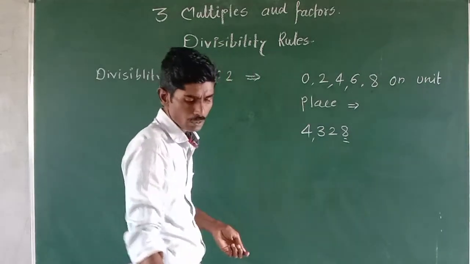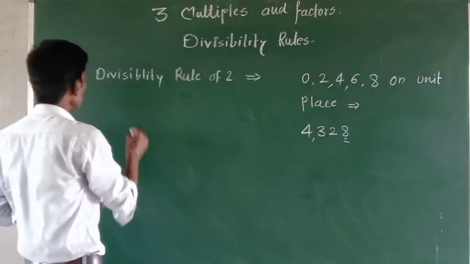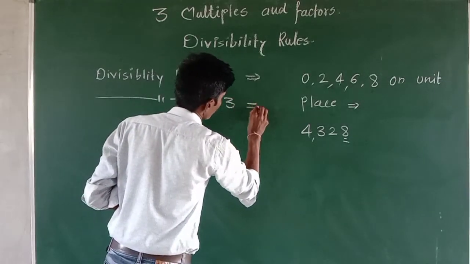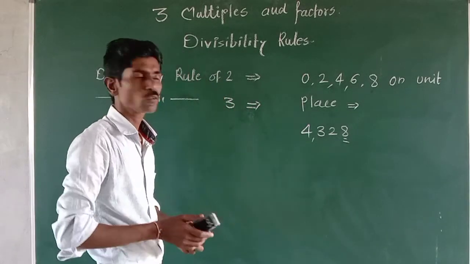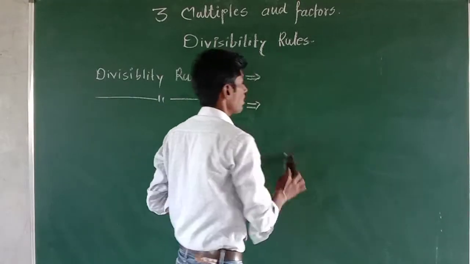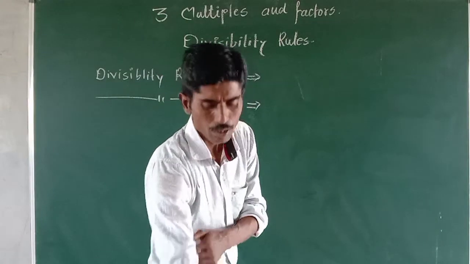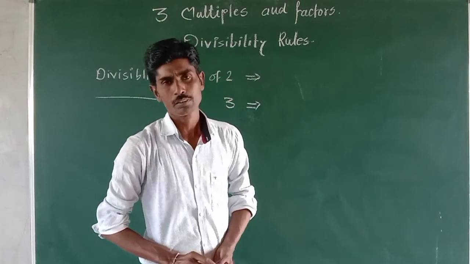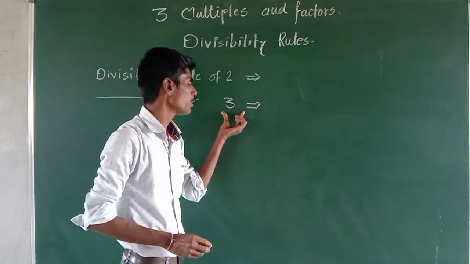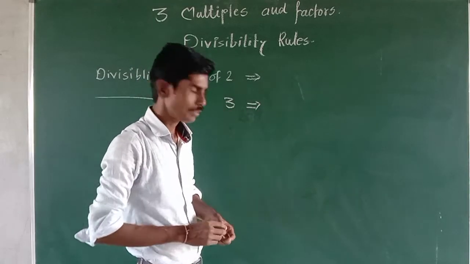Then the divisibility rule of 3. Suppose the sum of all digits is divisible by 3, then the whole number is exactly divisible by 3.